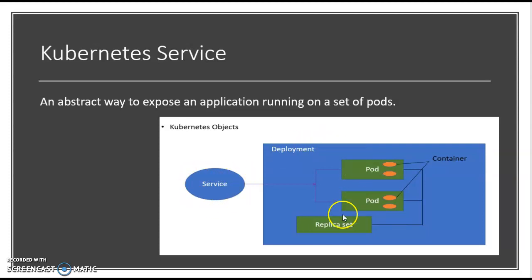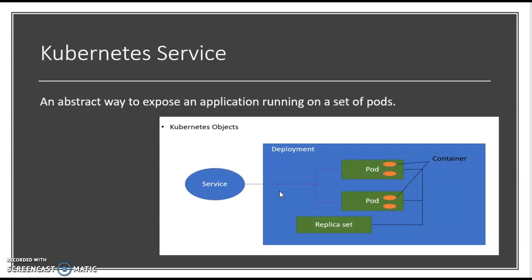When we expose our application via a service, it will take care of all the dynamic IP addresses of the pods and always provide a reliable interface to the external world or end users to access your application. And that is nothing but a service.